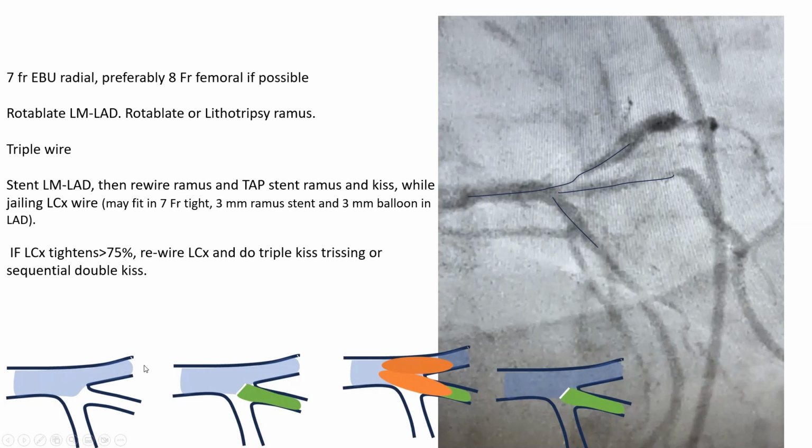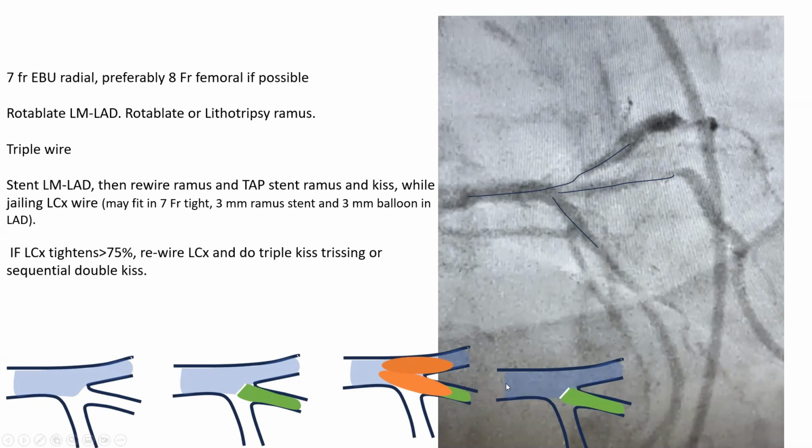So stent left main to LAD, rewire and TAP stent that ramus, and rewire only after doing a good POT, and try to rewire the distal struts close to the carina to provide as much lift of that main stent into the ramus. Then after the TAP, you do a kissing balloon to streamline flow and provide one nice straight layer of struts across the circumflex.